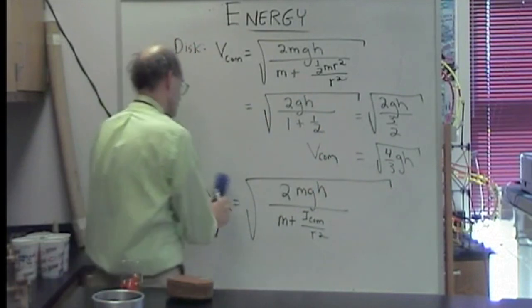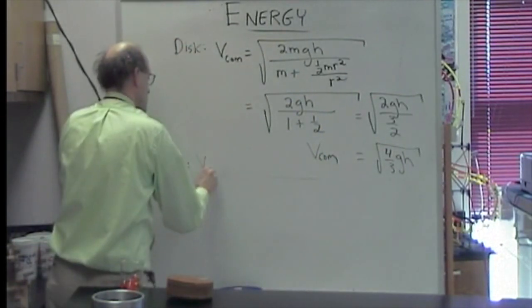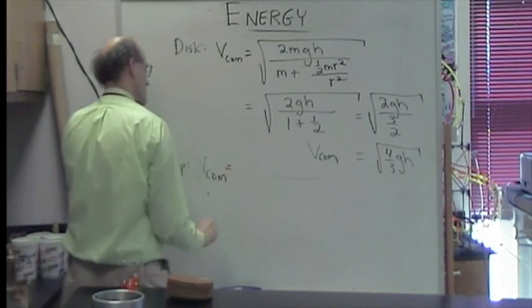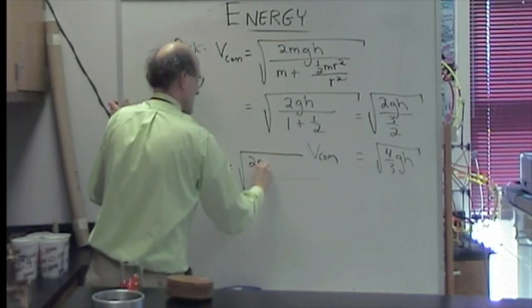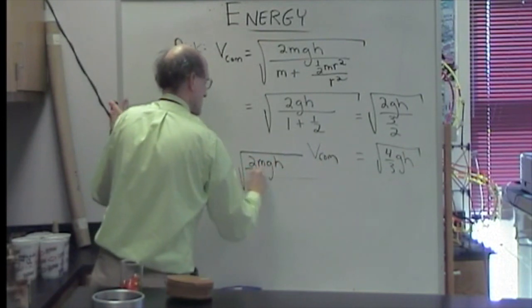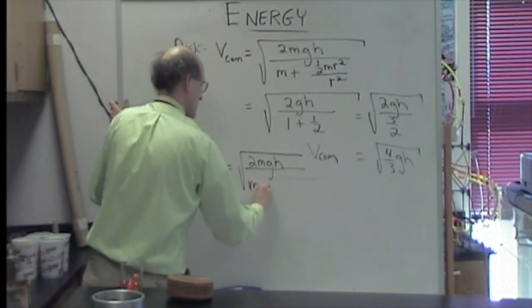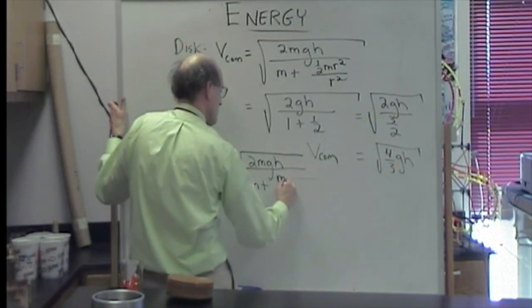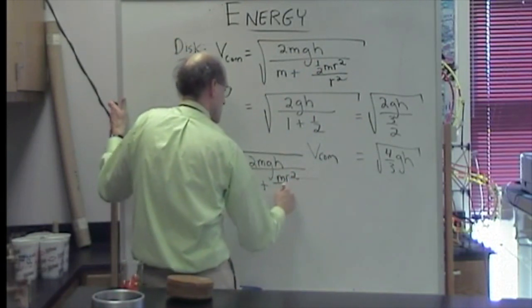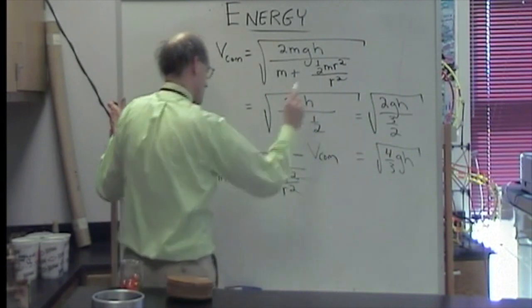Now let's try the hoop. The speed of the center of mass of the hoop is equal to the square root of 2 mgh divided by m plus I for a hoop, which is just mr squared. We divide that by r squared.